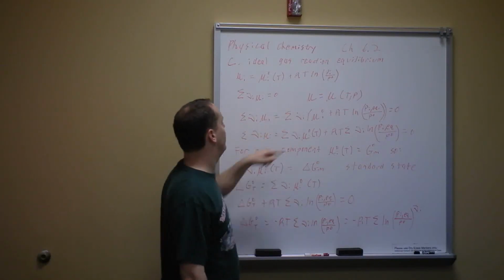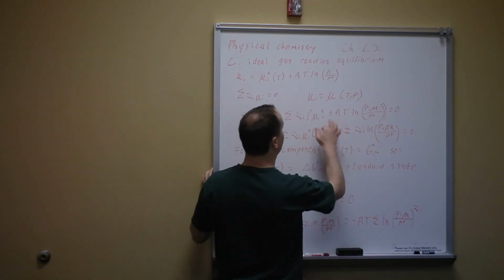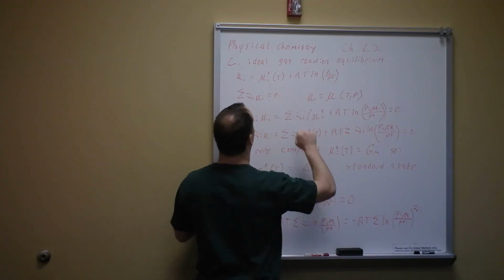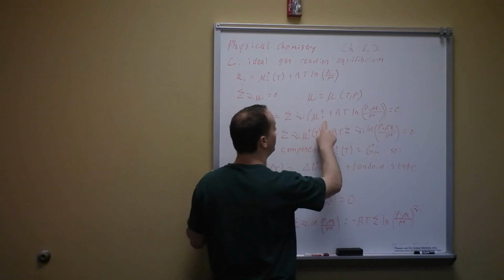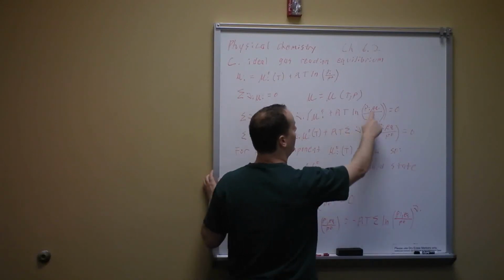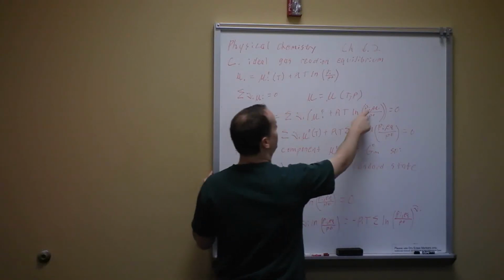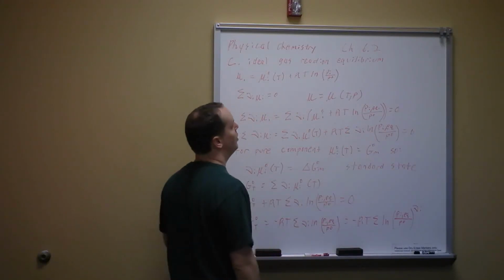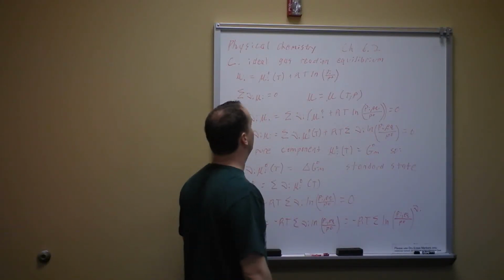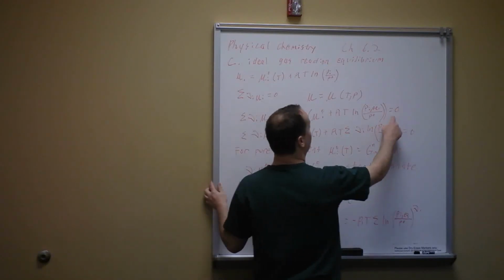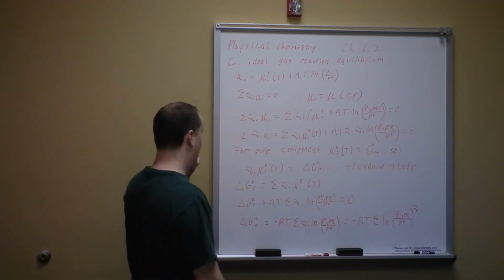It could be rewritten as the sum of nu I times all this up here we're substituting in. So we have mu I naught plus RT, natural log of Pi equilibrium divided by P naught. So that'll be the partial pressure when we're actually at equilibrium. And this is going to be equal to 0 when you're at equilibrium.